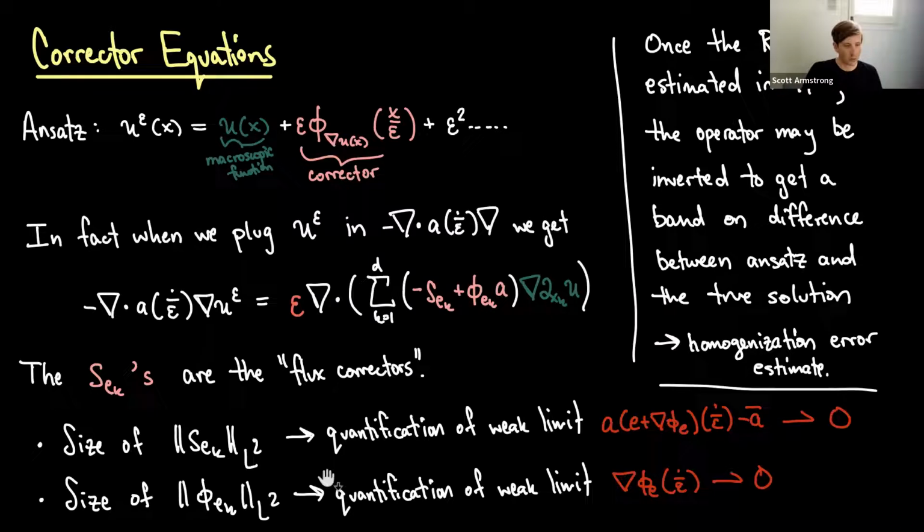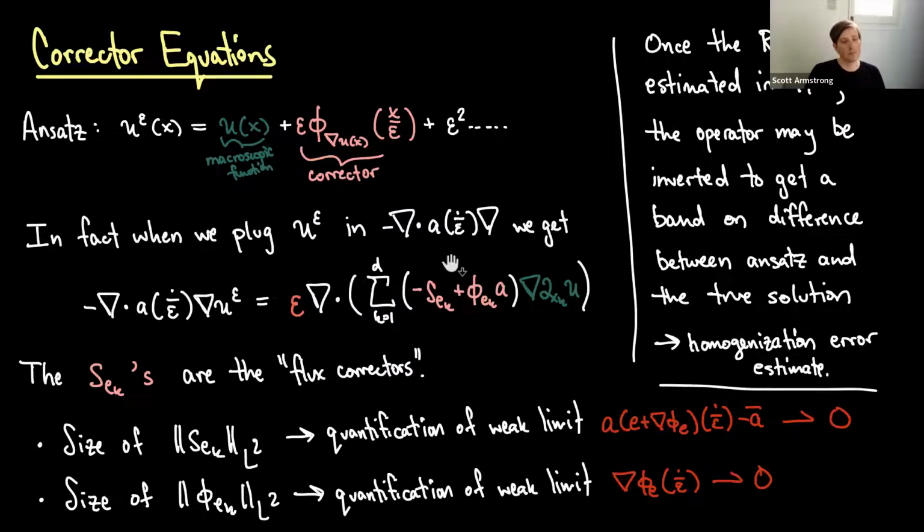So these L2 norms quantify the weak convergence of the fluxes and the gradients, and the weak convergence of the fluxes and the gradients on the right-hand side gives you the homogenization. So that's how it works.